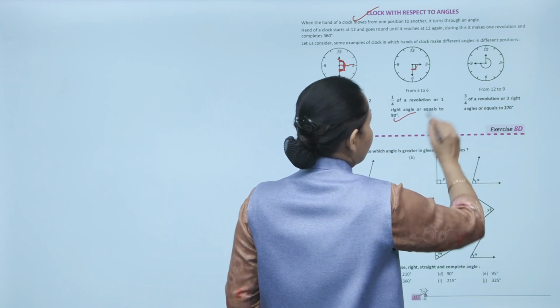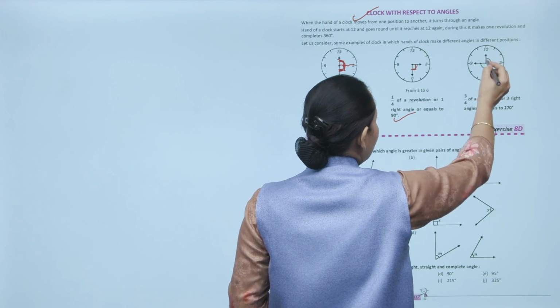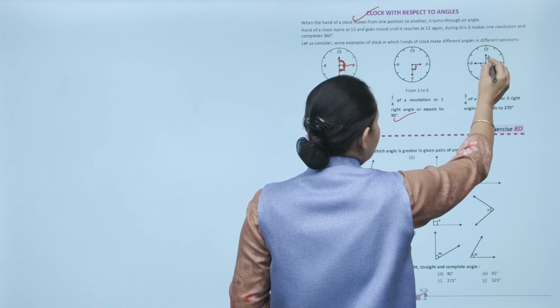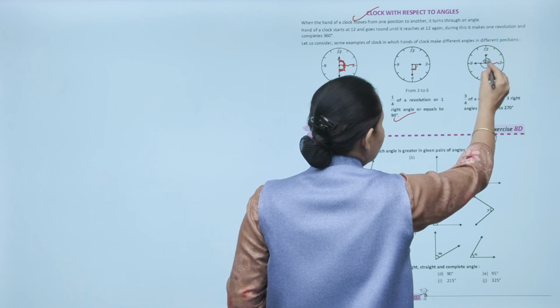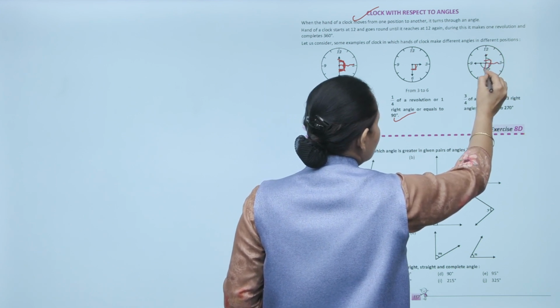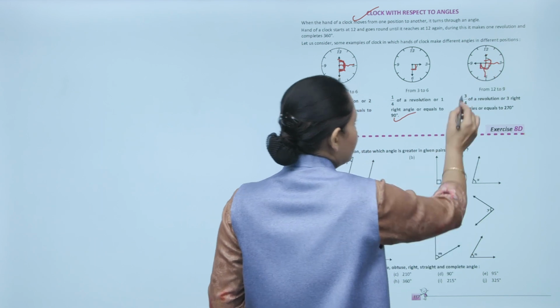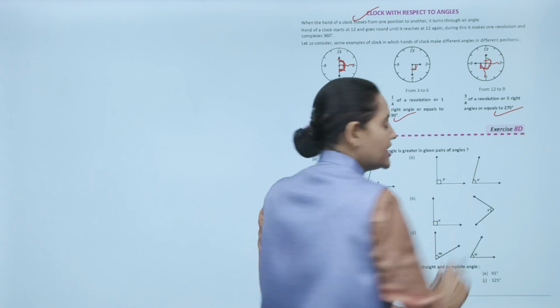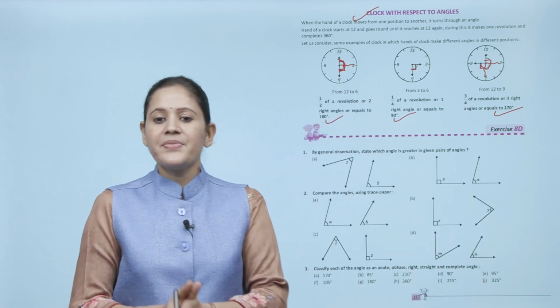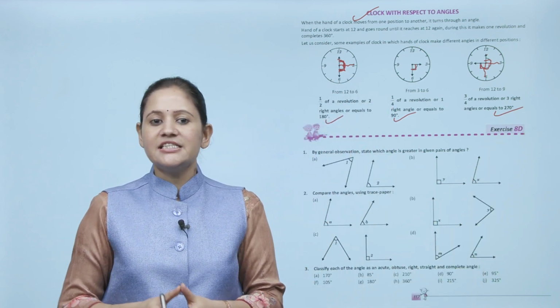Then from 12 to 9, start from here, so 1, 2 and 3, 3/4 revolution, so 3 right angles equal to 270 degrees. Clear? Next, exercise 8D.